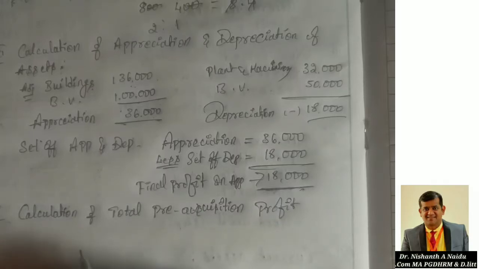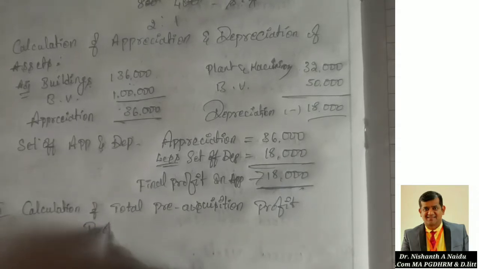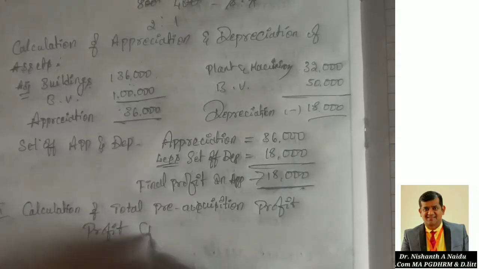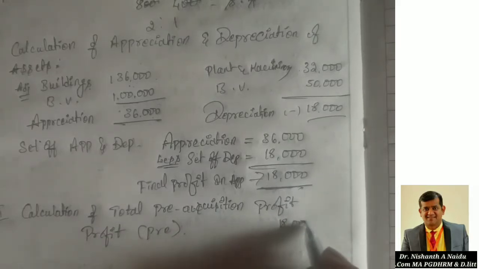Usually that will be given in the adjustment, so look at adjustment number A. He said that on the date of acquisition of shares by H company in S company, the latter had undistributed profit of rupees 18,000 and reserve of rupees 12,000. So profit, how much? Pre-acquisition 18,000.